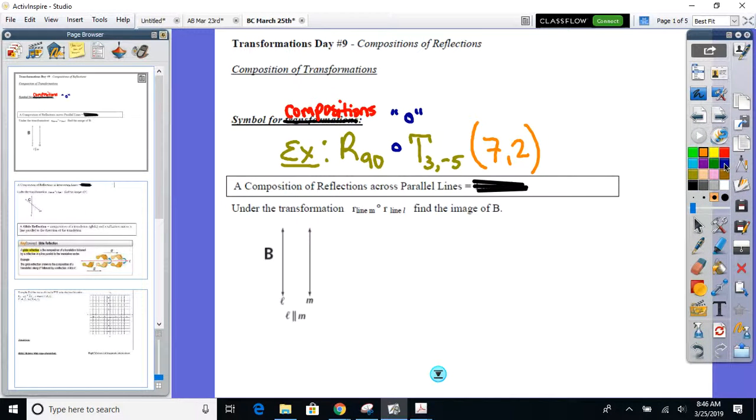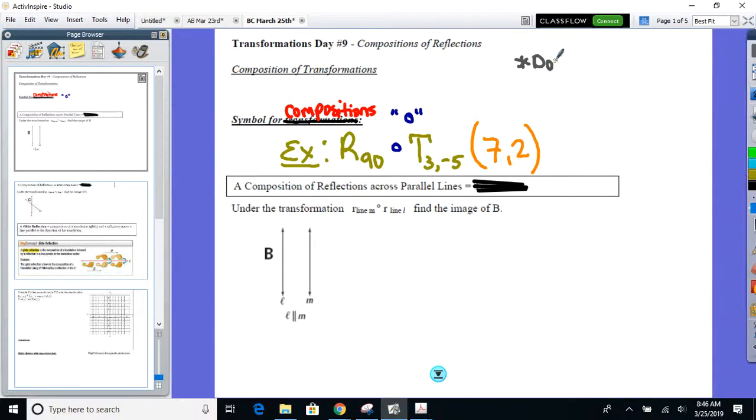Here's how we read compositions, and it's going to be a little bit different for you. They are done right to left. So if we were to perform this, which one out of the two, the rotation and the translation, would I do first?